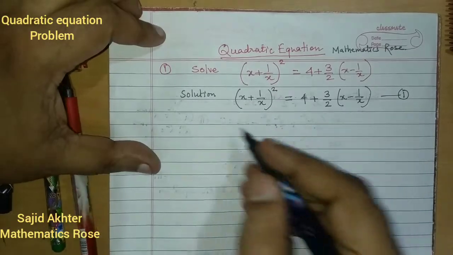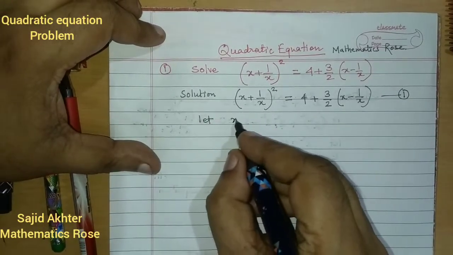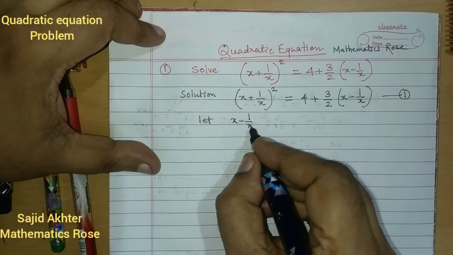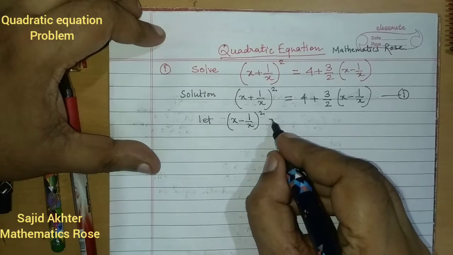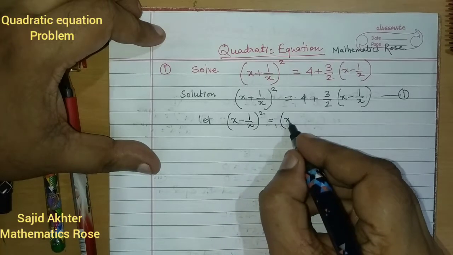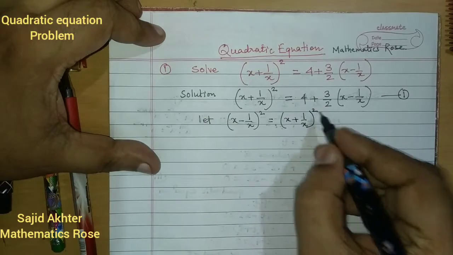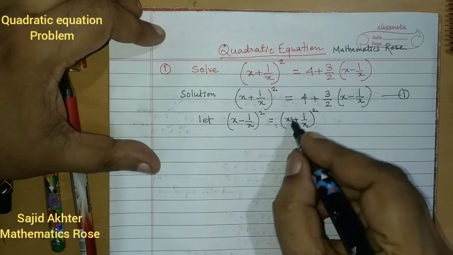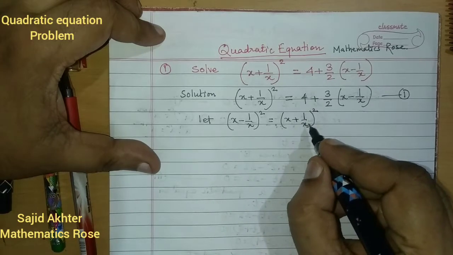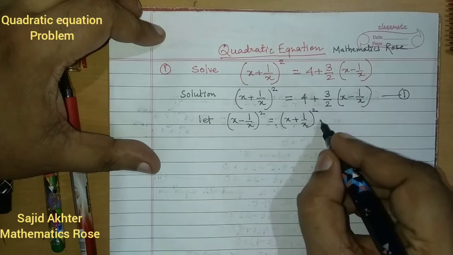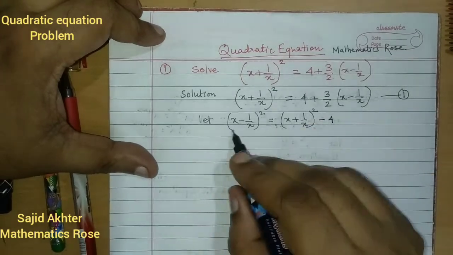Okay. For that, let (x minus 1 by x) whole square be equal to (x plus 1 by x) whole square. If you take (x plus 1 by x) whole square, x square plus 1 by x square plus 2 will come. If you subtract 4 here, you will get it.